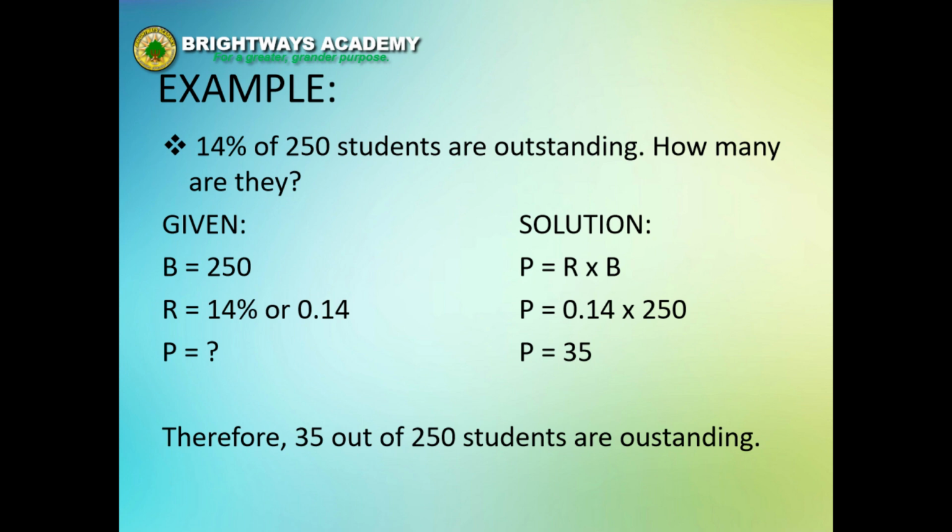In solving, we follow the formula: R multiplied by B. So we have 0.14 multiplied by 250, so that we arrive at the product P is equal to 35, or the percentage is equal to 35. Therefore, 35 out of 250 students are outstanding. That's how we compute for the percentage.